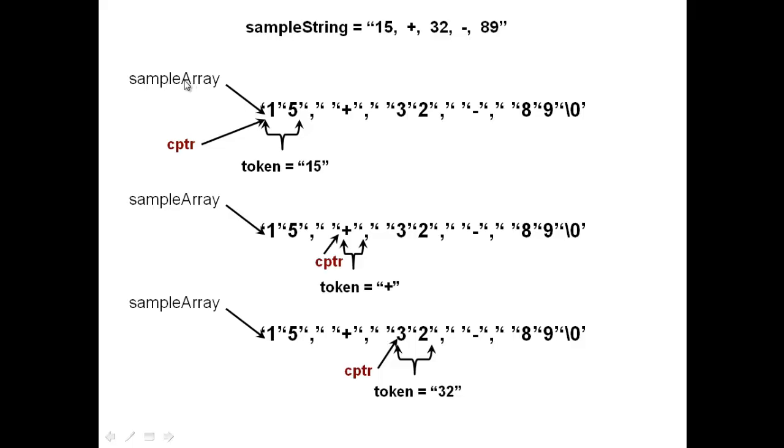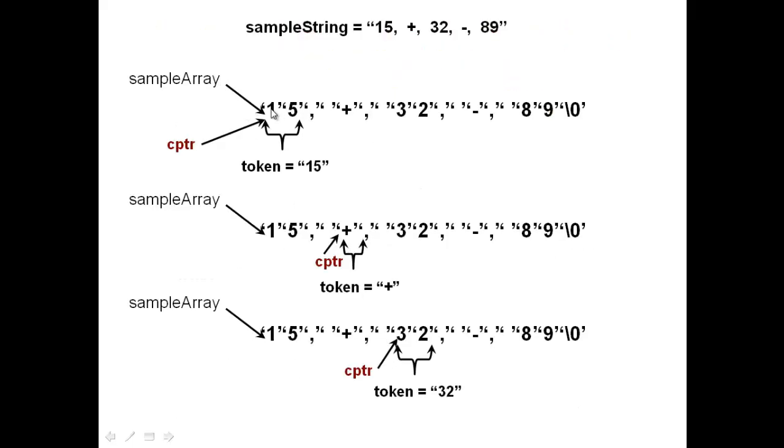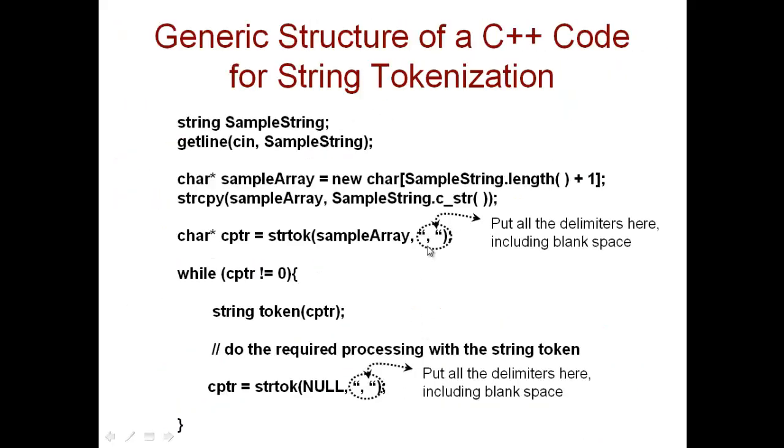That's why you see the sample array, the pointer storing the address of the first character. Then I have here the comma and the blank space as the delimiters. So you should pass all your delimiters, the comma, and then leave a blank space that will be treated as a delimiter, and put everything inside the opening and closing double quotes basically.